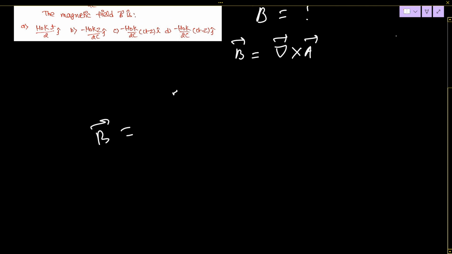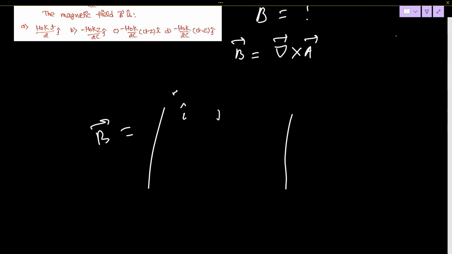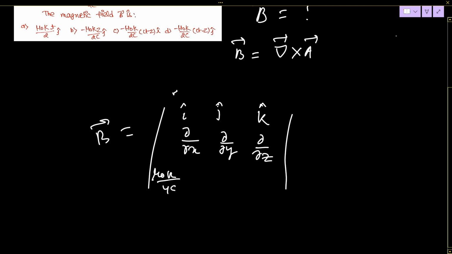B is equal to curl of A, that is I cap, J cap, K cap, del by del X, del by del Y, del by del Z. And A is in the I cap direction, so I write mu naught K by 4c, ct minus Z whole square, and these others are 0, 0.